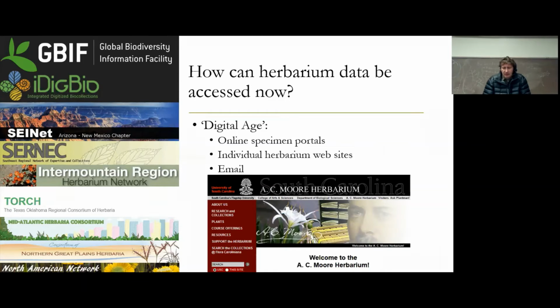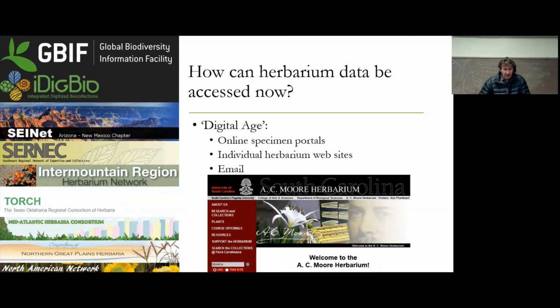They would include lepidopteran collections, mammalian collections, those sorts of things. iDigBio is the national resource for biodiversity collections, and they are a partner of the project that I'm involved with, and they help aggregate data from all the regional consortia across the United States.